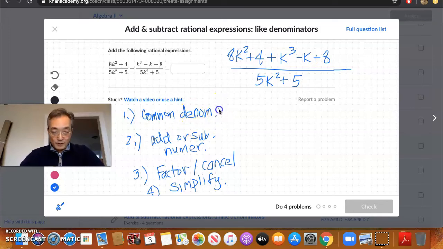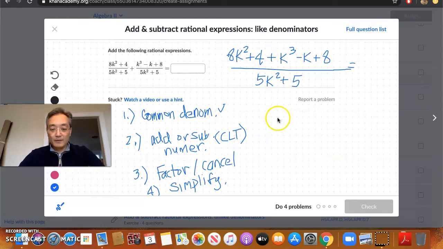These already started with common denominators, so we're good. Now we are in the process of adding our numerators, right? So let's add it up and combine like terms.